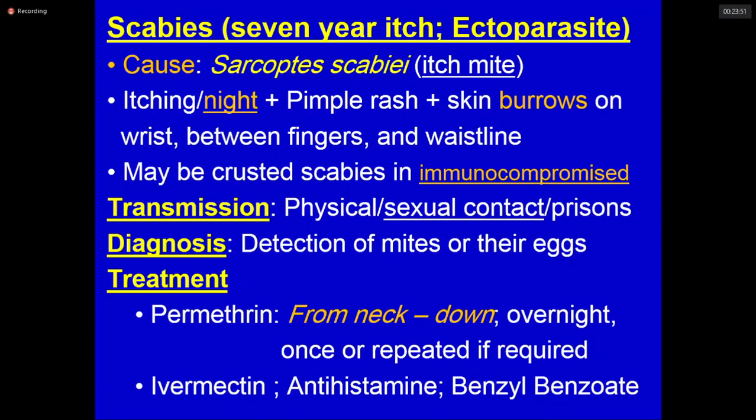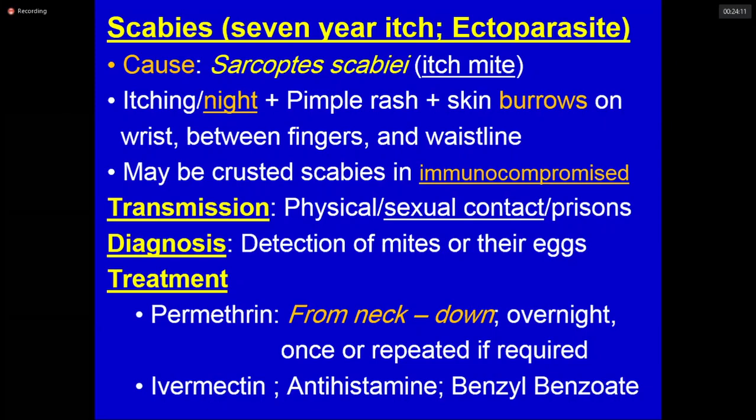Transmission is physical, by close contact, sexual contact, and this occurs sometimes through physical contact because of crowding in prisons, for example, and in some hostels.